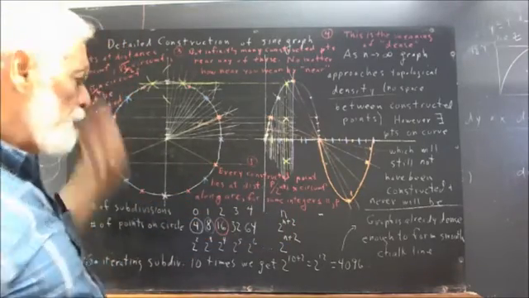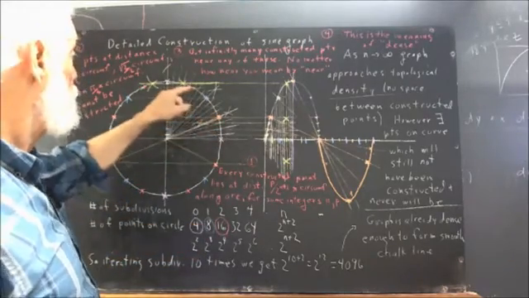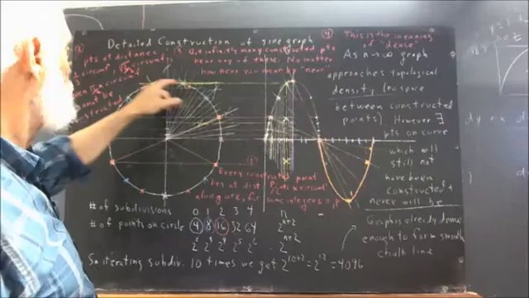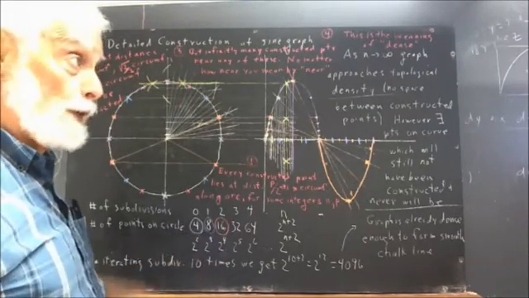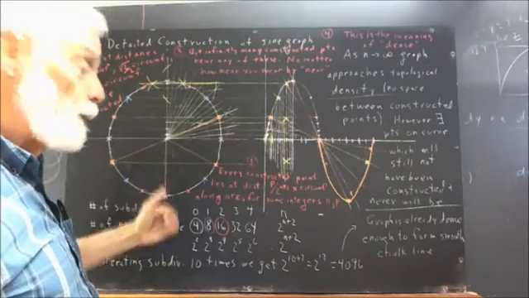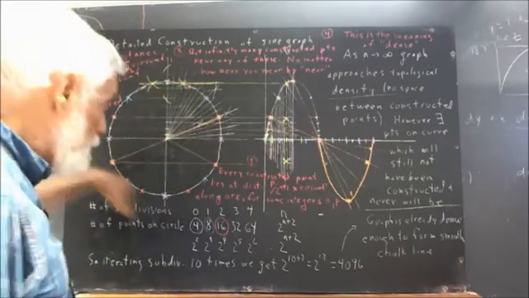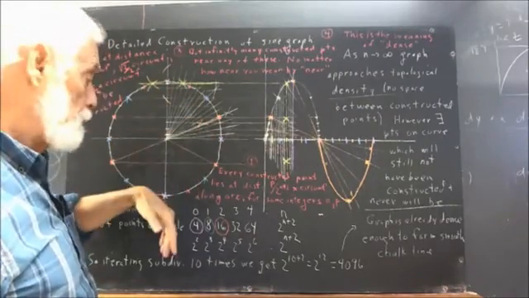Okay. If we divide the circle into 16 arcs, that's 1, 2, 3, 4, and so forth. Well, that's 2 to the 4th, right? So 16 is 2 to the 4th, and each arc is 1/16 the distance around.